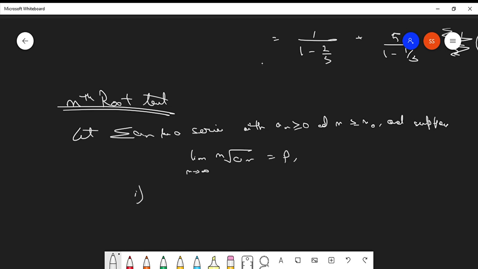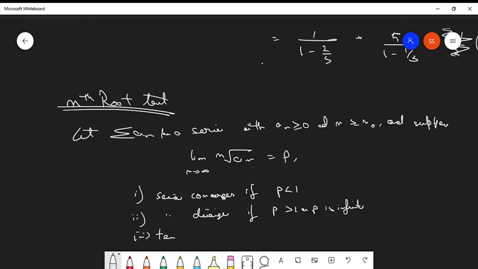Then the first one says that the series converges if p is less than 1. Second, the series diverges if p is greater than 1 or p is infinite. And third, the test is inconclusive if p is equal to 1.